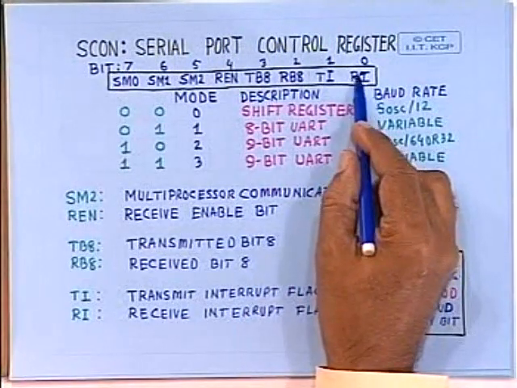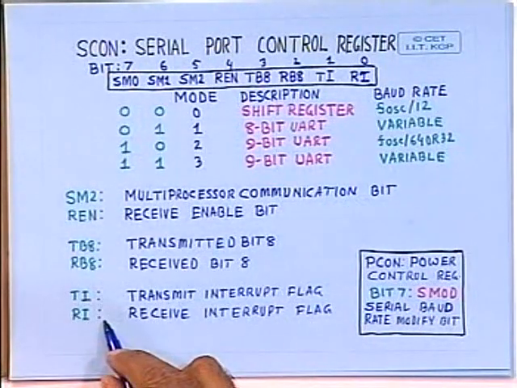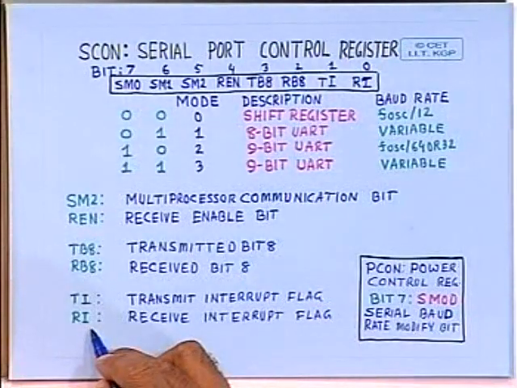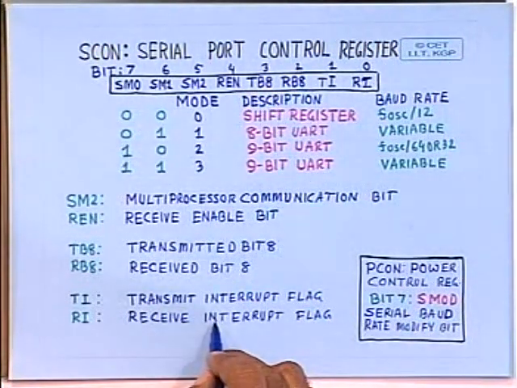Similarly, you have the RI flag bit, the receive interrupt flag bit, which is used in the receive mode of data transfer. Whenever you are receiving data, after you have received 1 byte of data or 9 bits of data, depending on the mode of operation, this flag bit is automatically set to 1, and it can interrupt the processor if this is not disabled by programming.